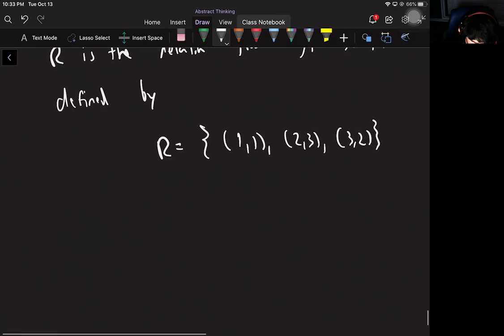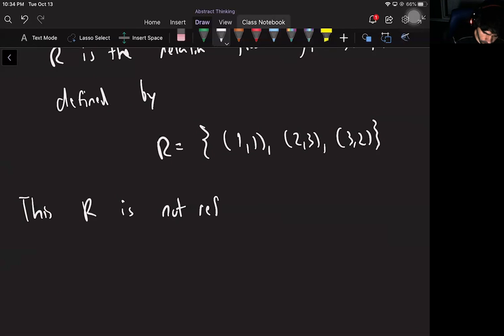Okay, so this relation, do we think it's reflexive? This R is not reflexive, but it is symmetric. We can check this real quick.